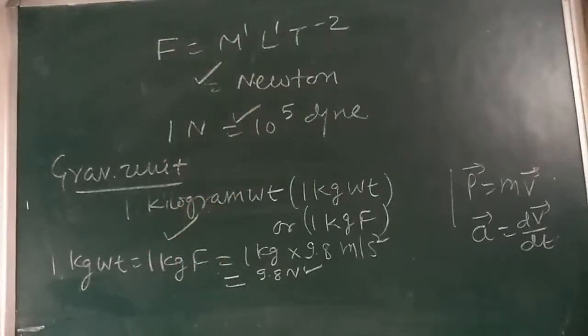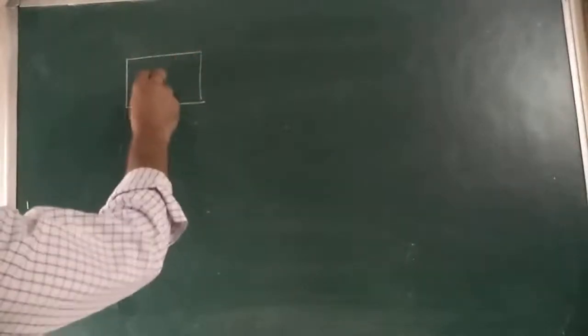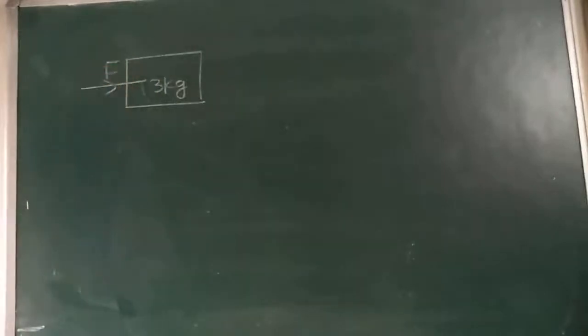Now, dear children, we are going to see a small numerical. Write down a numerical here, a very small numerical related to this. A constant force acts on a body of mass 3 kg. Suppose here is a body of mass 3 kg and a constant force F is applied over here.